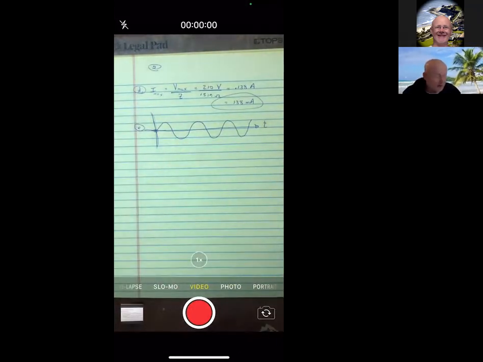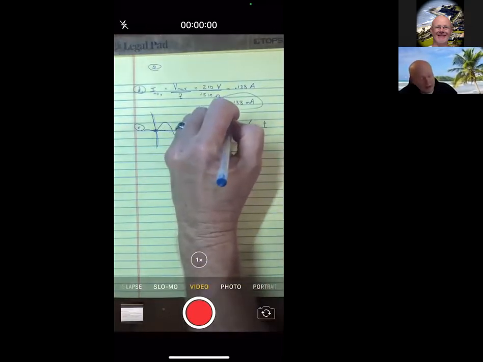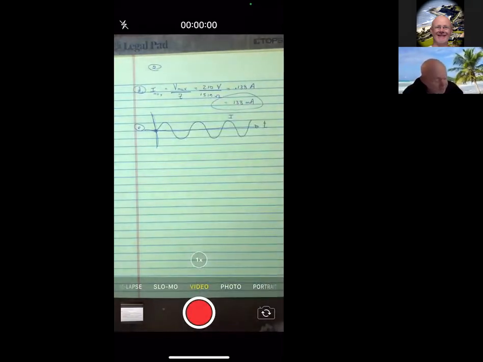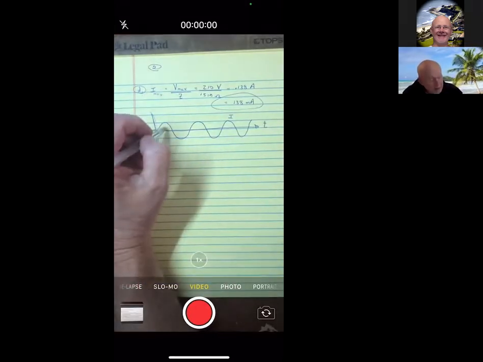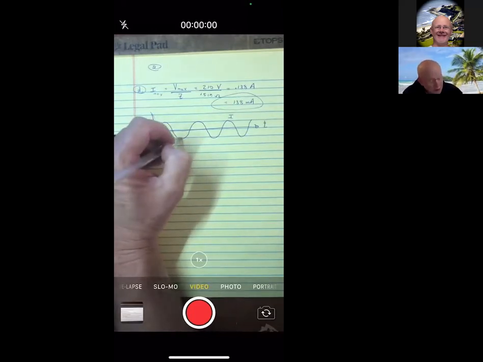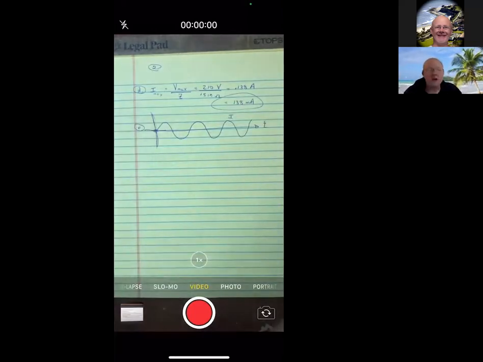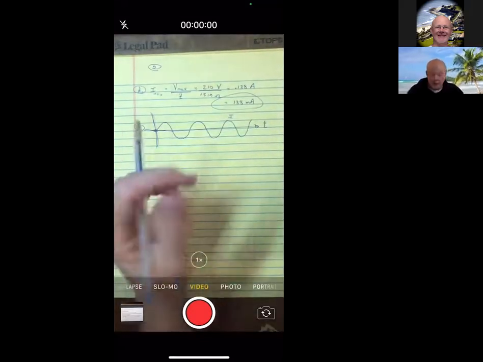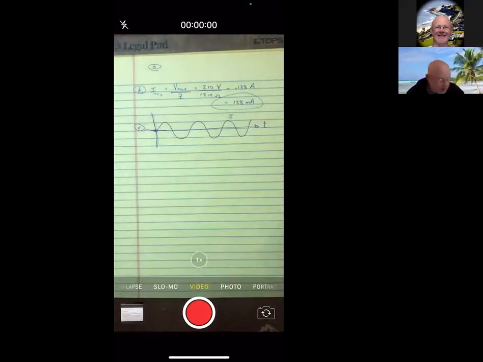So that means I would probably be describing the current as a sine function. I could have easily just put it here and described it as a cosine function, or put it here and described it as a minus sine function, or a minus cosine function. So I can call time equal to 0 anywhere I want, because it keeps changing all the way through an infinite amount of time. We don't really have a beginning and end to this little circuit discussion.